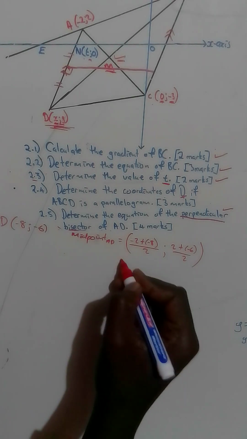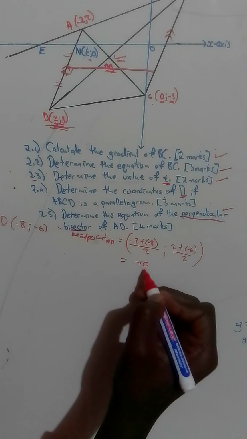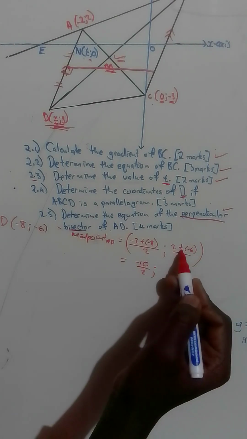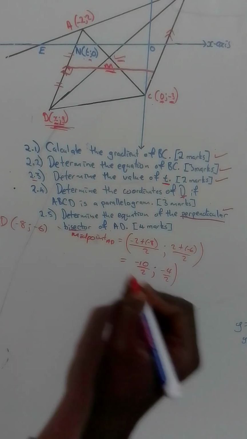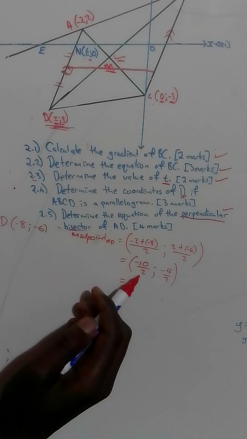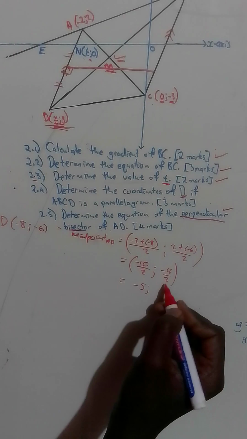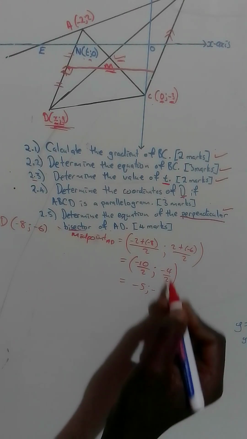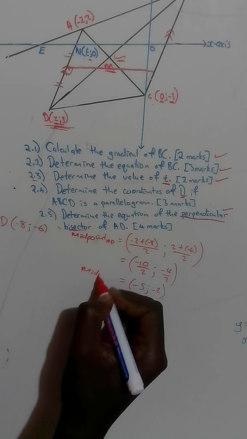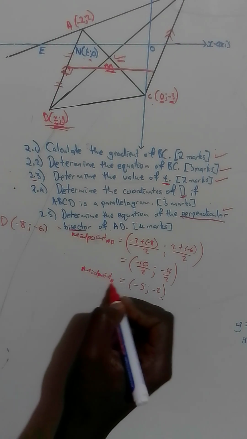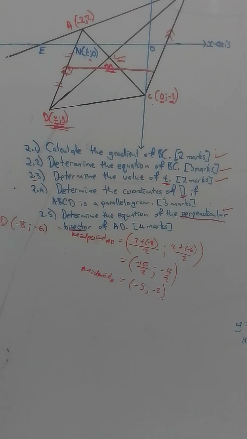Now, -2 minus 8 gives us -10 divided by 2. 2 minus 6, that's -4 divided by 2. Negative divided by positive, that's -10 divided by 2, that's -5. Negative divided by positive, that's -4 divided by 2, that's -2. So we have found that the coordinates of the midpoint of line AD are x is -5, y is -2. Now, what do we do?